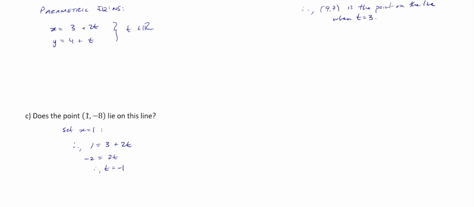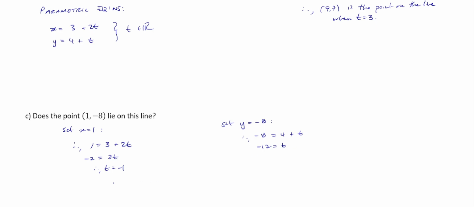So for x to equal 1, t had to be equal to -1. Well, if y is equal to -8, then t should also have to be -1 if this is a point on the line. But let's check. Set y is equal to -8, so therefore -8 is equal to 4 plus t, and -12 is equal to t.